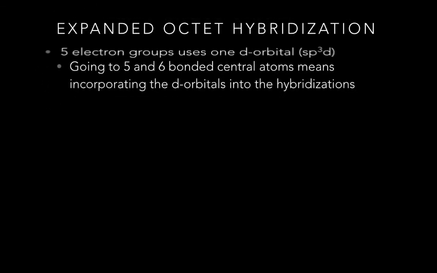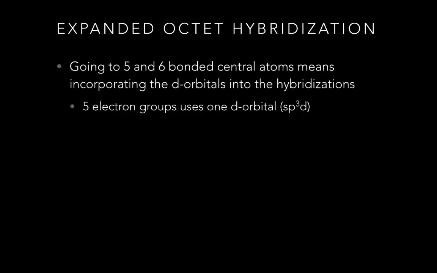Now, I mentioned that sp was our last primary hybridization that we have, but not the only ones that we have left. Anytime we're looking at geometries for expanded octets, if we're going to go to that 5 and 6 bonded central atoms, we've got to go beyond the s's and the p's.